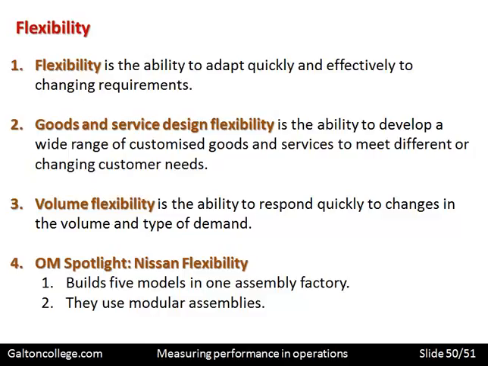These items may fit onto different models. They're not, in a sense, making 5 different models. They're making a car, or they're making an SUV or whatever, but a lot of the parts are interchangeable. So they're able to use modular assemblies, which is much cheaper to manage. And that gives them flexibility.